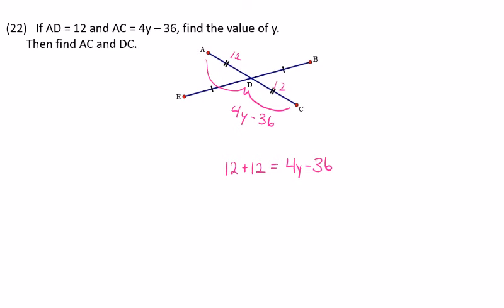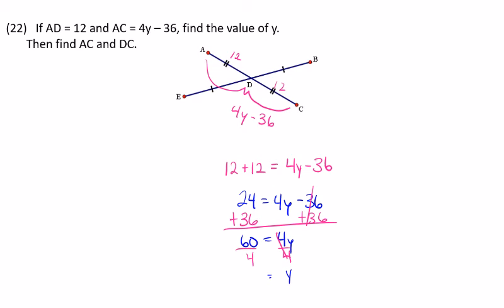All right, so then we end up with 24 equals 4y minus 36. We can subtract, or let's add 36 to both sides actually. And we'll get 60 equals 4y, divide by 4. So y equals 15.